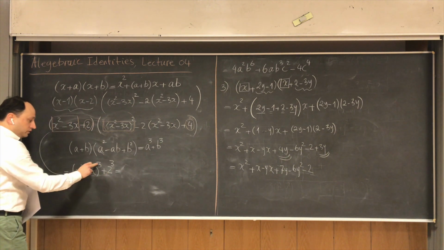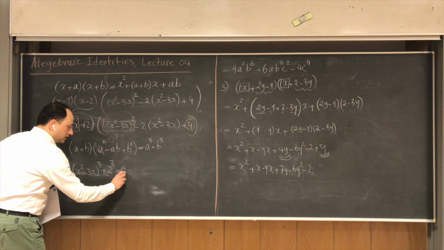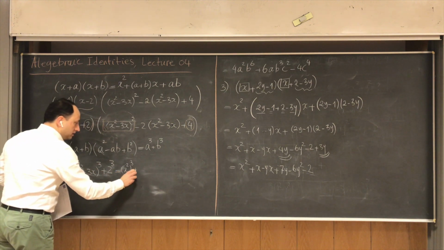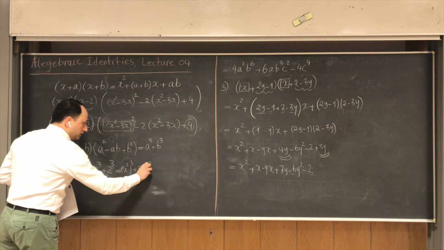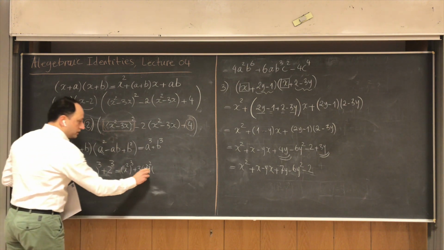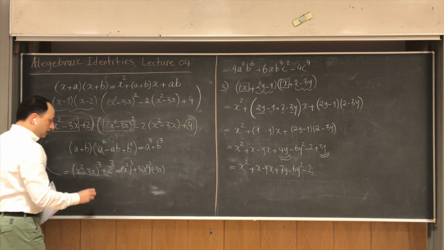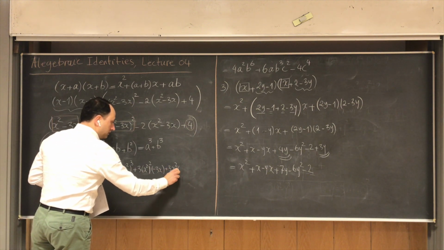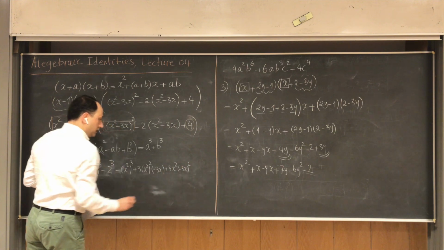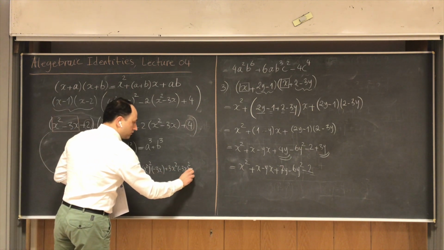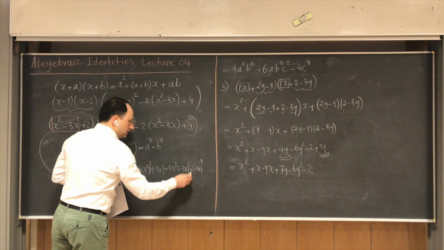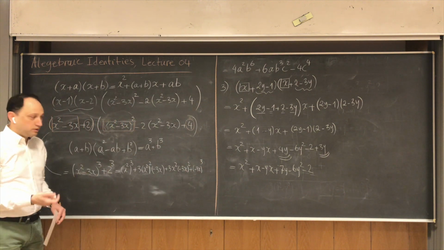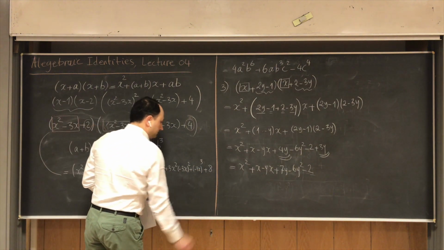It is the first one to the 3, which is, let me write everything. x squared to the 3 plus 3 times the first one to the 2 multiplied by the second one, which is minus 3x in this case, and then 3 times the first one itself multiplied by the second one to the 2, and finally the second one to the 3. Yes, this is the expansion of this first part, and then I have 2 to the 3, which is 8. So I put 8 at the end.